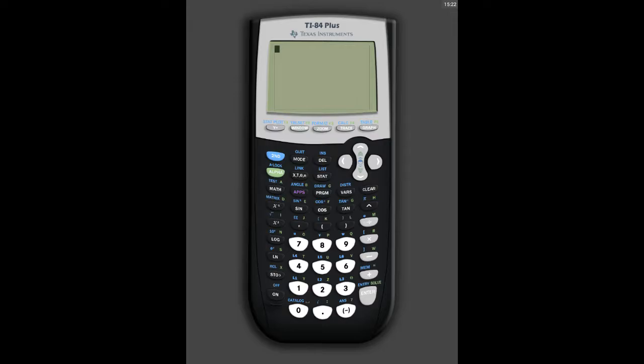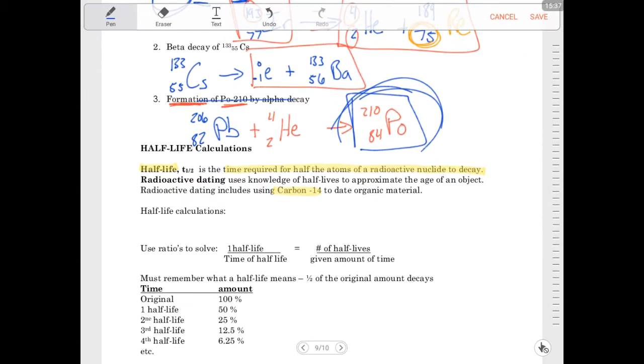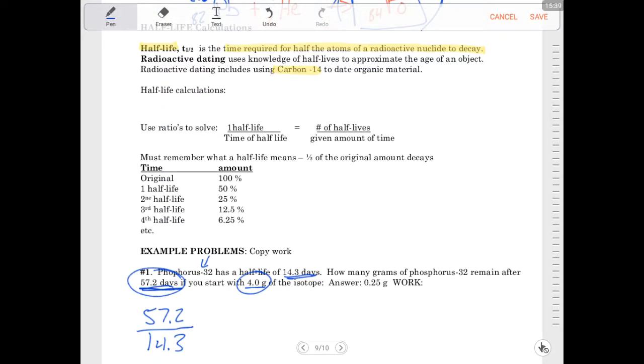Sorry for the change in scene here. 57.2 divided by 14.3, I hit enter, and that's 4. So I get 4 half-lives that have occurred in 57.2 days.